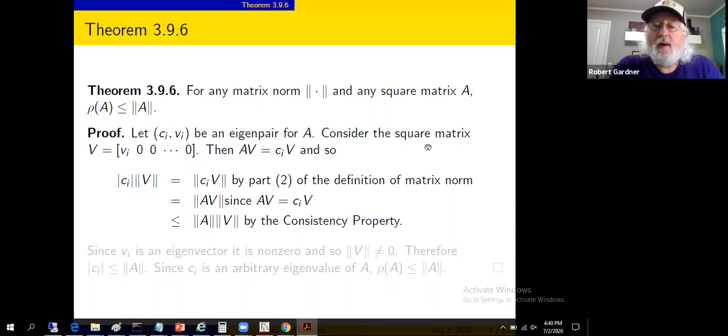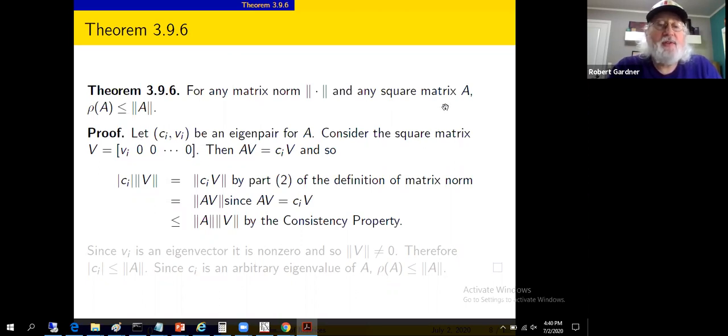Okay, consider the square matrix defined as follows. So we're going to take this eigenvector as the first column of matrix V, and then create a square matrix by filling in a bunch of column vectors of all zeros. So we're making the matrix V square.